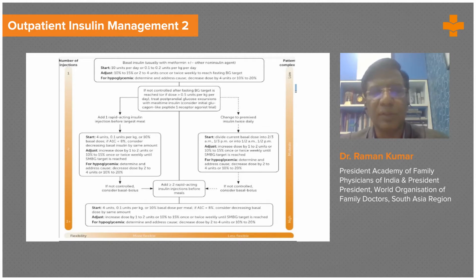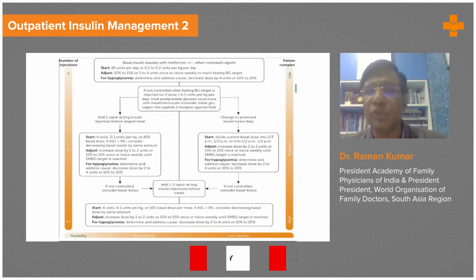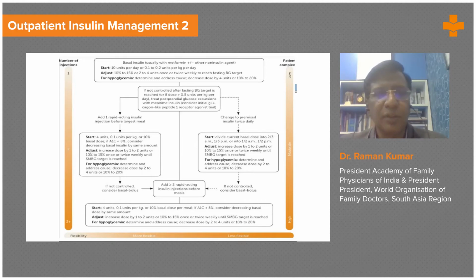So, somebody who is 50 kg body weight or 100 kg body weight or 75 kg body weight, you can roughly calculate the insulin requirements.